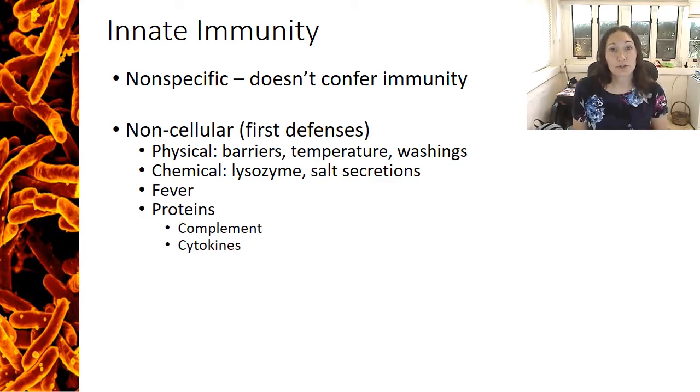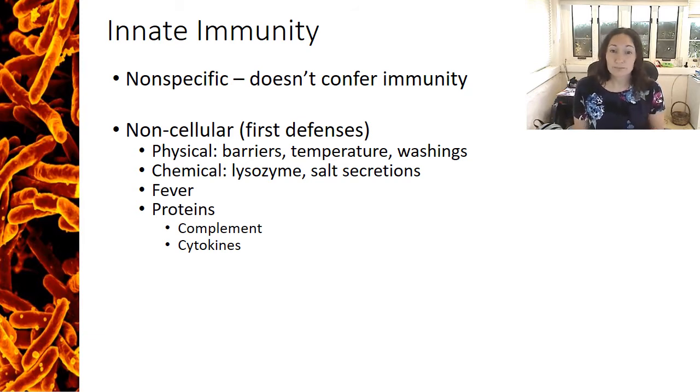There's two parts to your innate immunity. There are what we call the non-cellular defenses. These are the very first part of the innate immune system, and they're often things that people don't even think about as being part of an immune system. So there's physical things like barriers or your temperature. There are chemical things like enzymes or just chemicals like salt or hydrochloric acid, low pH.